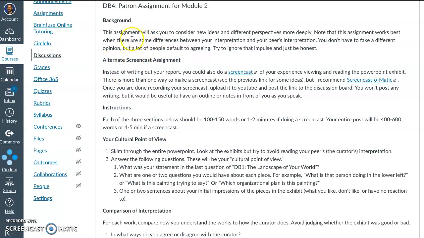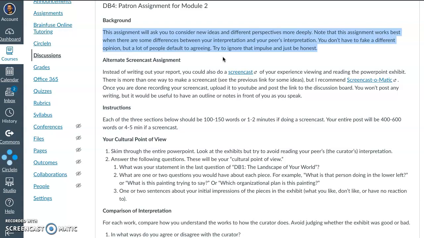I'll go through the assignment here. What I say here for the background is what I just said. We're learning to consider new ideas and different perspectives. This assignment works best if you have some disagreements in your interpretation with the curator. And I don't want you to fake either agreeing or disagreeing.